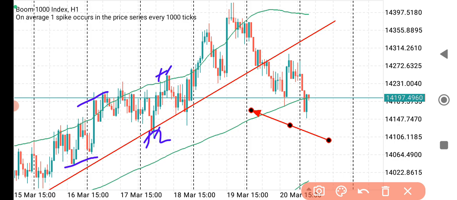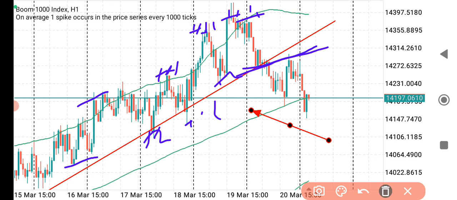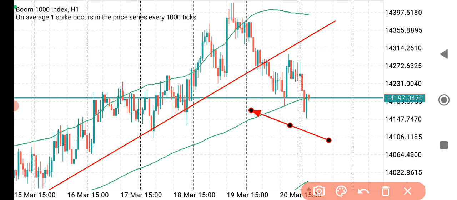Okay, we have a higher high, we have a higher low, we have a higher high, higher low, and a higher high. And suddenly we have a break of structure to the downside, which means if I have been buying, I've come to the end of my buying and I'll be looking for a sell opportunity.